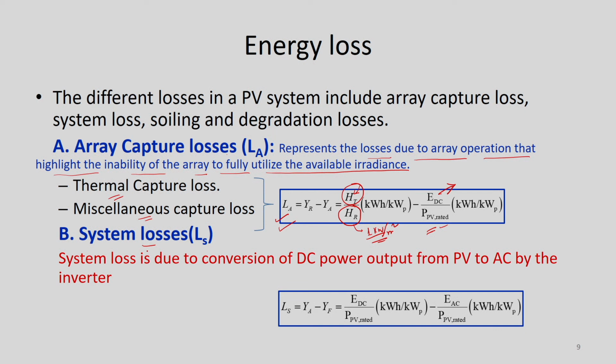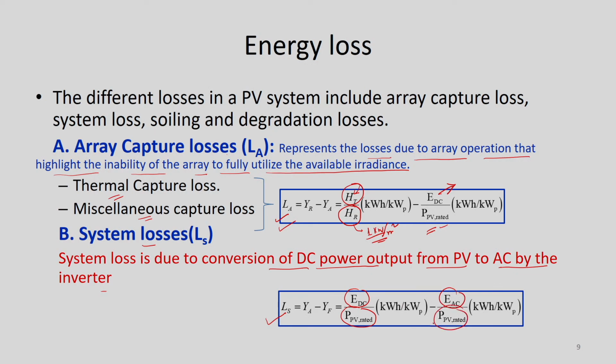And in case of system losses, these losses are due to conversion of DC power output from the PV to AC by the inverter. This can be represented by LS, that is E DC to PV rated minus E AC to PV rated.